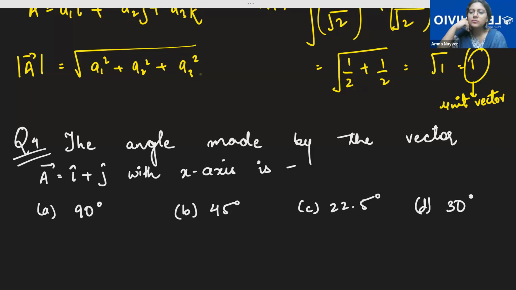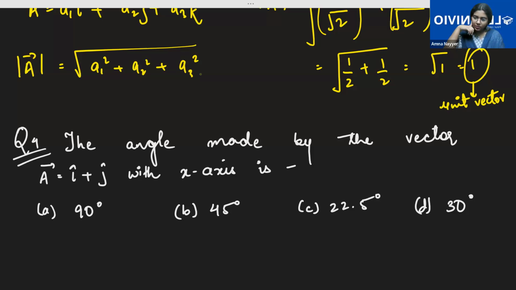I took the a cap with the same formula that we used before, then found the modulus by squaring it, and got root 2. Then how did you get cos theta as 0?